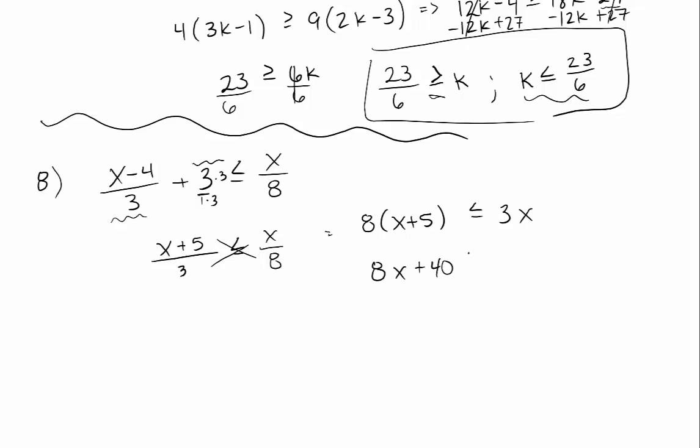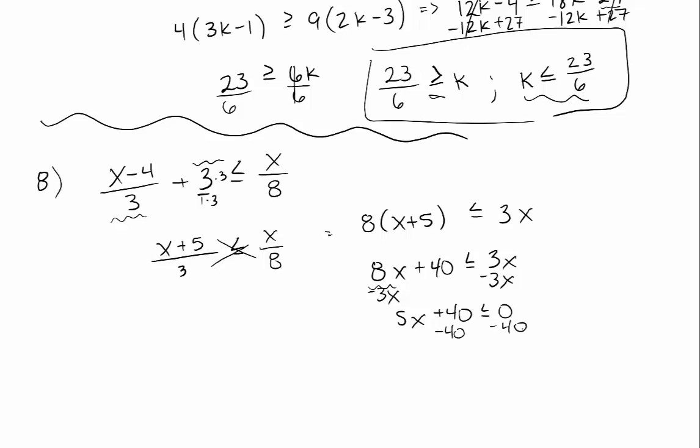All right, so now I'm going to distribute this 8, and I have 8x plus 8 times 5 is 40, less than or equal to 3x. Since I have more x's on this side, I'm going to subtract 3x. I have 5x plus 40 less than or equal to 0. I'm going to subtract 40.